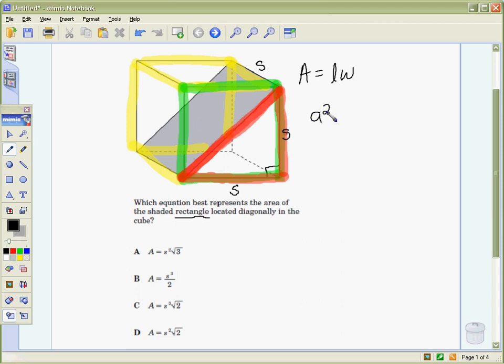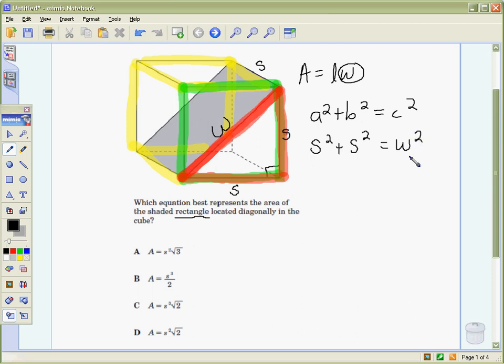Remember that says a squared plus b squared equals c squared. In this case, my a squared and b squared are going to be my s's. So I have s squared plus s squared equals, and then I need to know what my hypotenuse is. Since it's my width, I'm going to call it w.